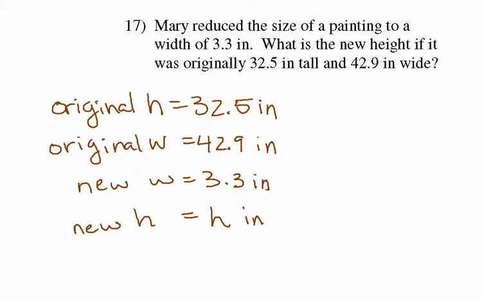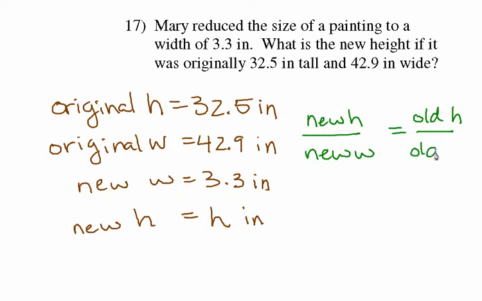We can set this proportion up in different ways as long as everything is corresponding. So if I have a proportion that has new height over new width, I would need to set that equal to old height, because I need the heights to correspond in the numerators, over old width. So then the widths would correspond in the denominators.